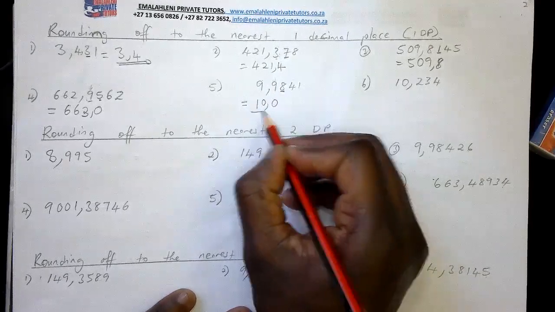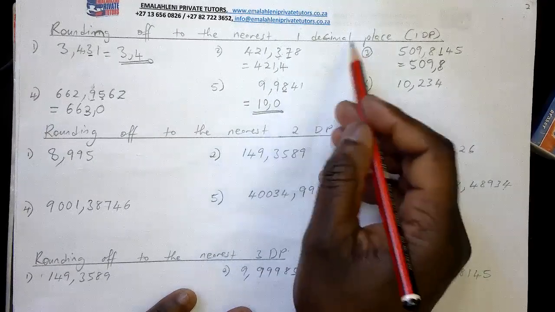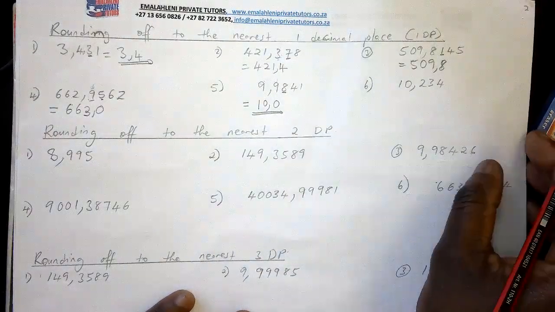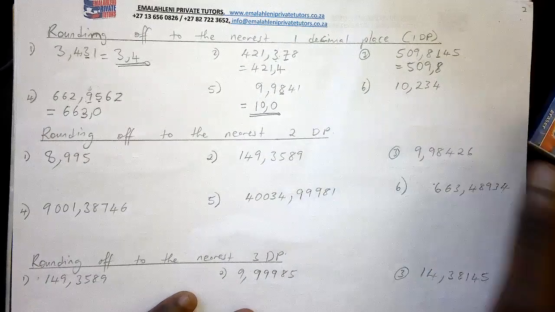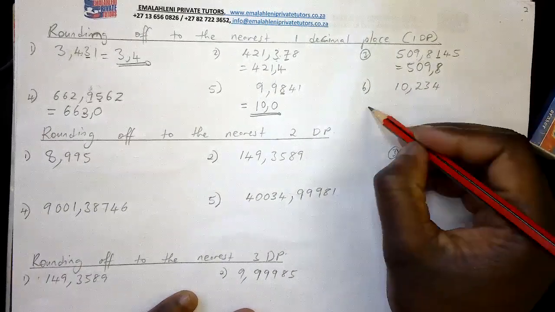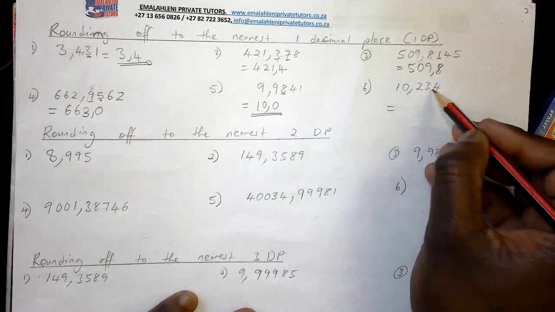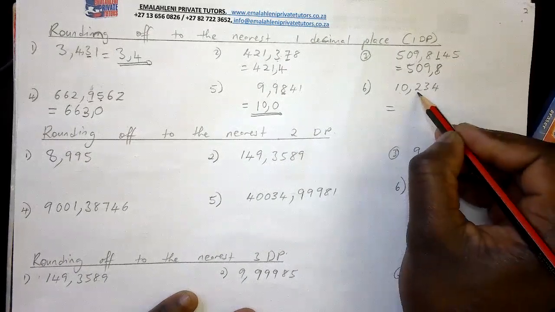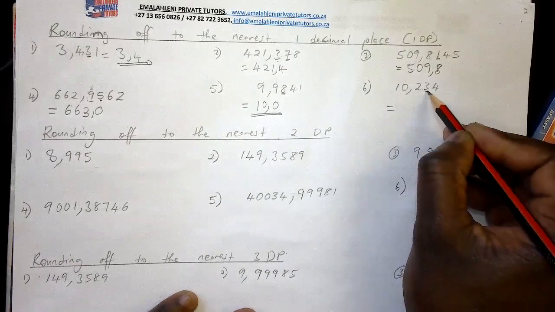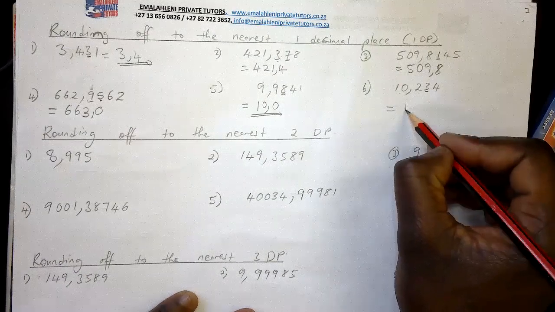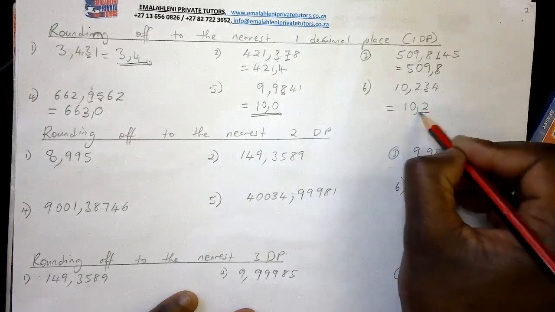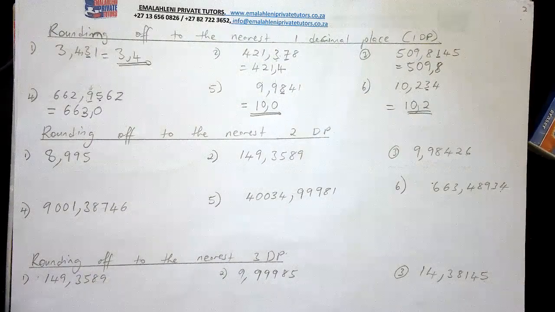Why are we putting the 0? Because we must have 1 decimal place, 1 number after the comma. Then this one here is 10,23. Again, we want 1 number after the comma. So we look at the second number. We see that it's below 5. So it's going to be 10,2. It remains like that. It doesn't change if it's below.